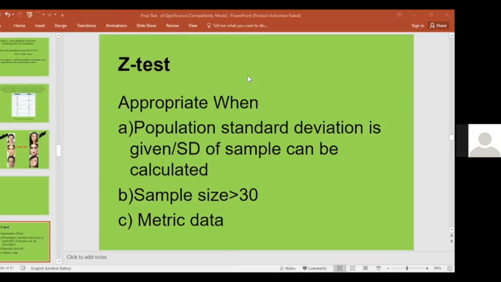For case one, to test the difference between sample mean and population mean, similar to your earlier t testing. The same formula: mean of sample, mean of population, standard error, standard deviation of population by root n.